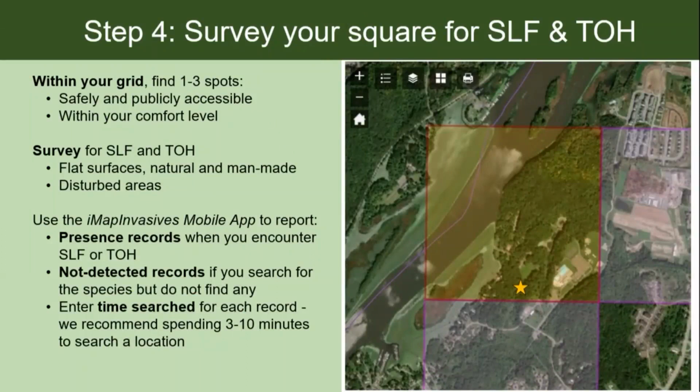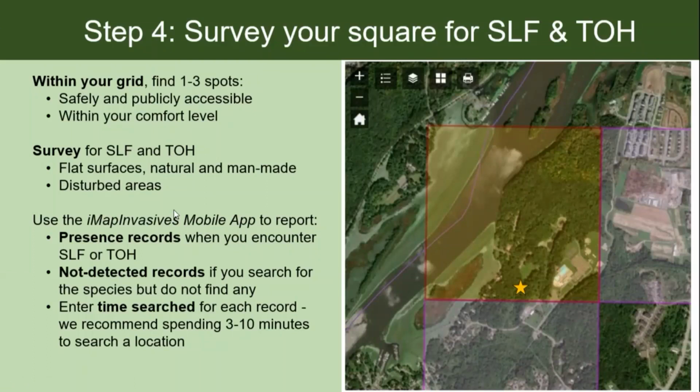So we encourage you to just look within that grid square on the map and try to pick out a couple spaces or even just one spot to check. So somewhere that's safe and within your comfort level, for instance, a public park that has a path in it. We definitely are not trying to get people to go anywhere beyond their comfort level.